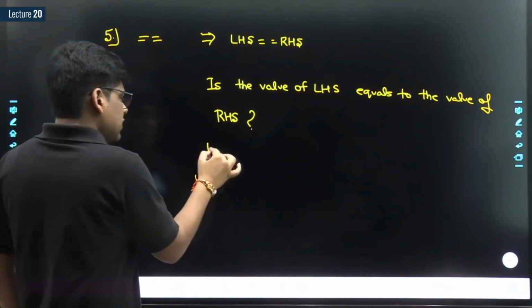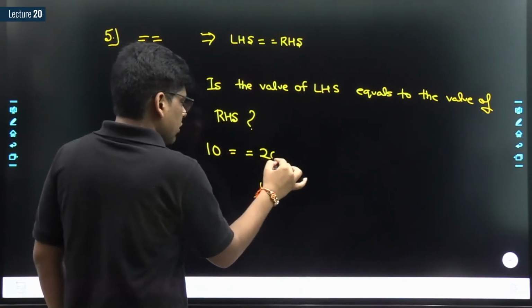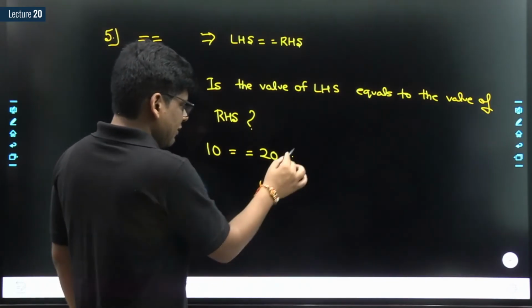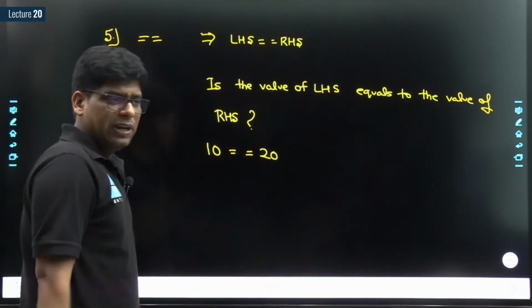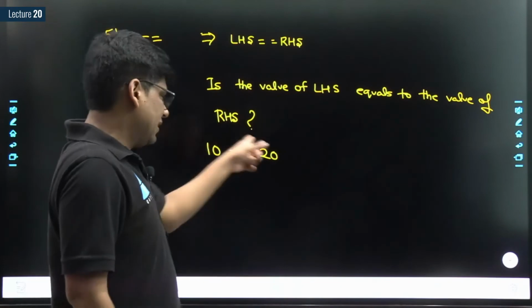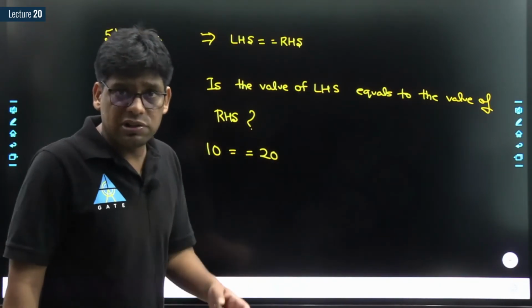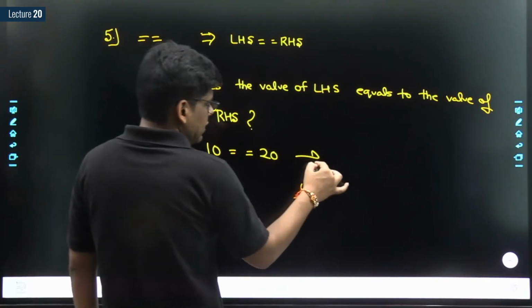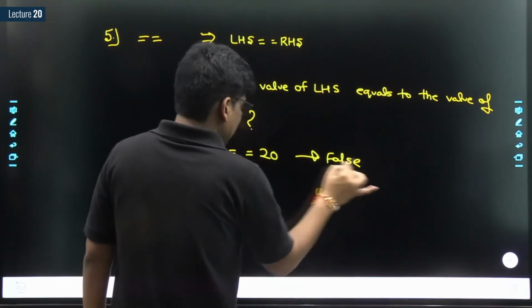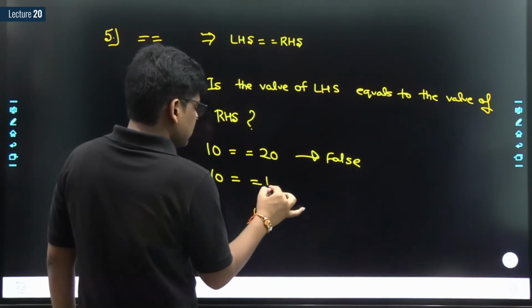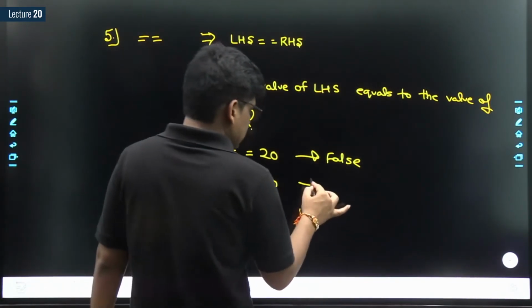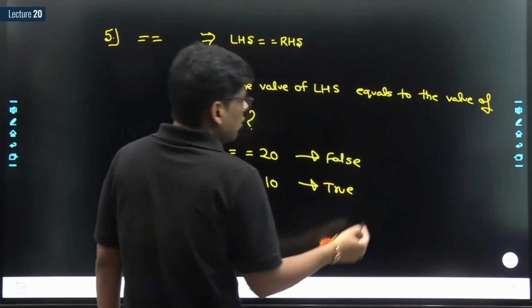So, if I ask you, is 10 the same as 20? No. It is false. This statement is false. Simple. But if I ask something like this, yes, it is the same. Both values are the same. That is why this statement is true.